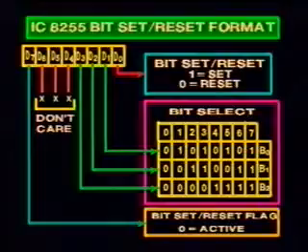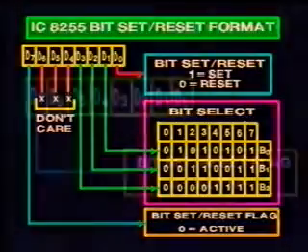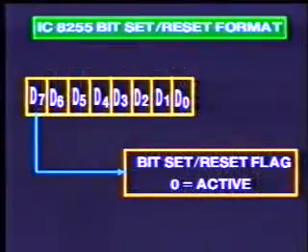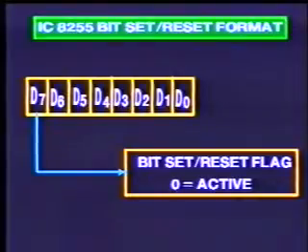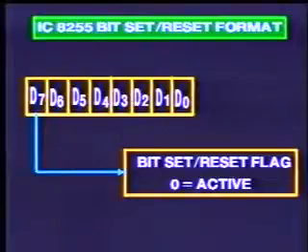In bit set reset mode, any bit of the port C can be set or reset. The D7 bit is to select I/O mode or bit set reset mode. When it is 0, it selects the bit set reset mode.